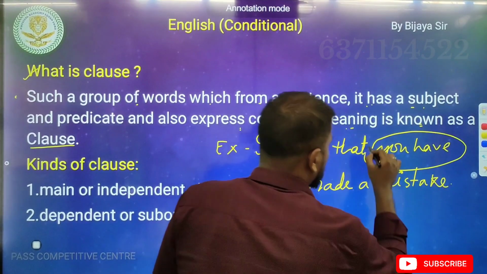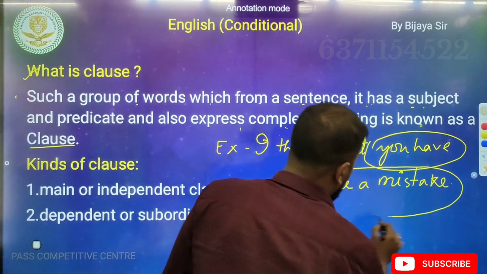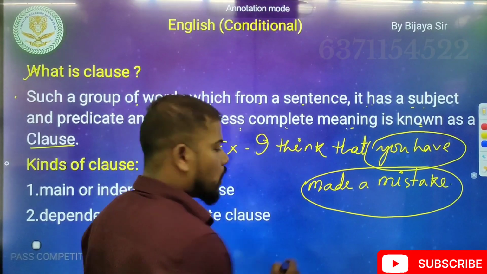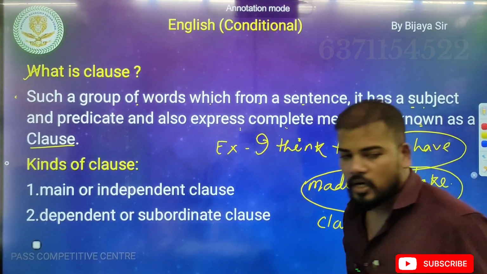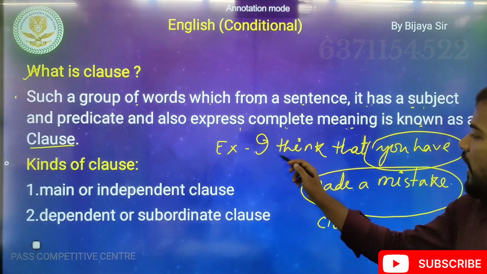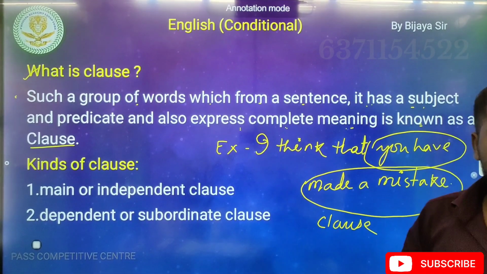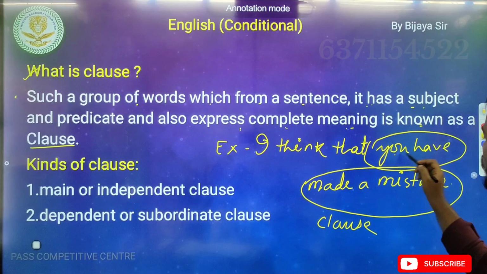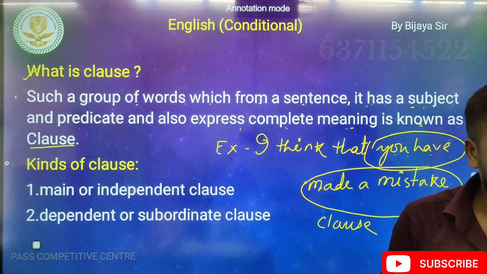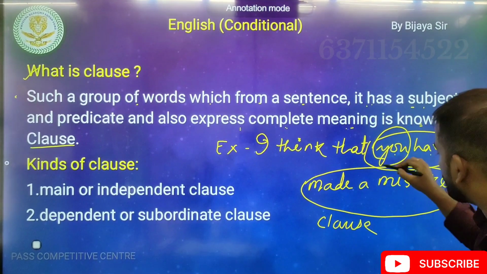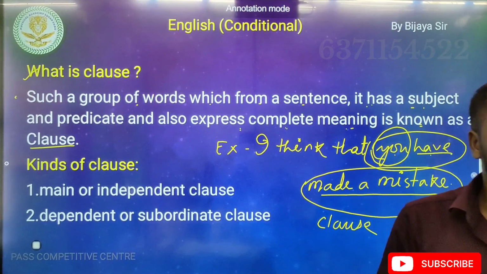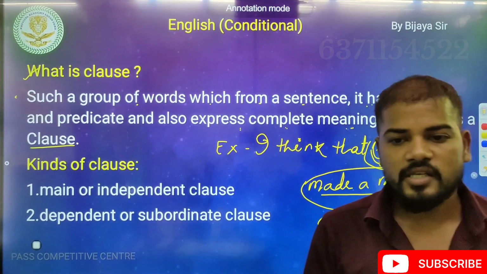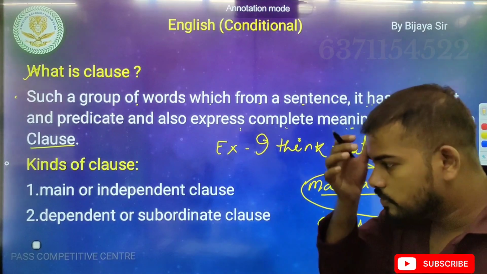Here, you have made a mistake, this one is known as a clause. It is a part of a sentence. I think that you have made a mistake is a complete sentence, and you have made a mistake is a part of the sentence. Here you is the subject and have made a mistake is the predicate, and it makes complete sense, so it is known as a clause.